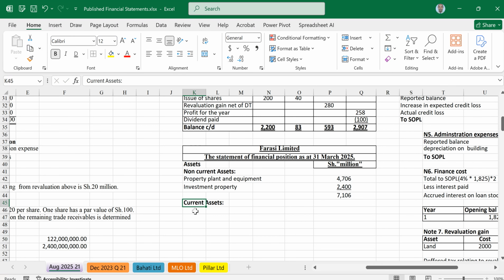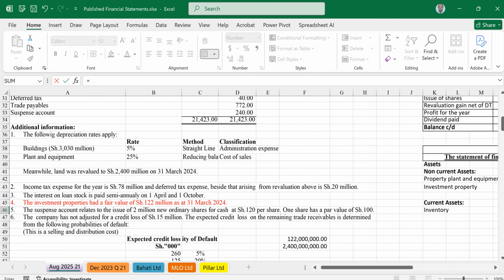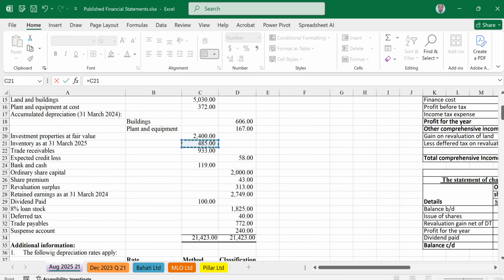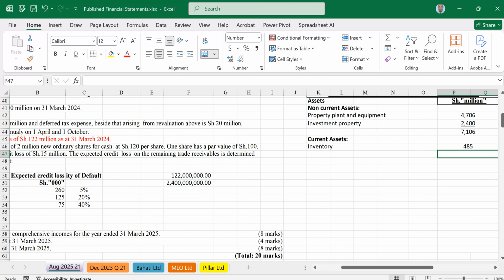Start with the inventory. Now closing inventory was given as 485. Then trade receivables.